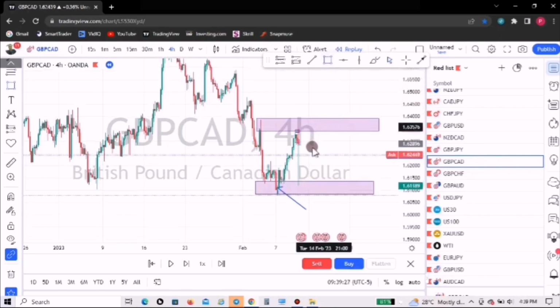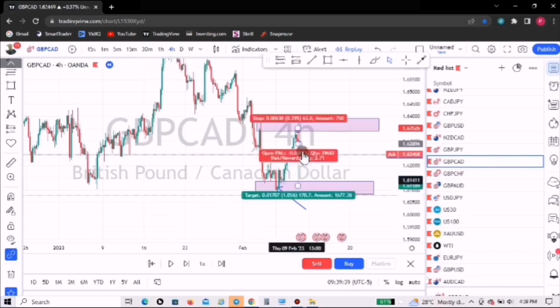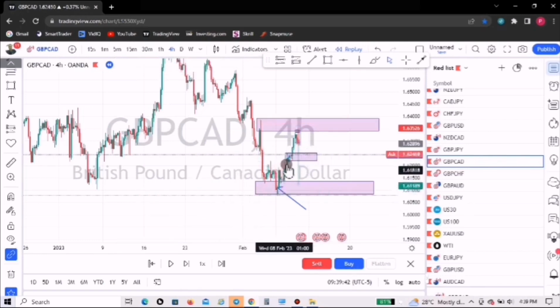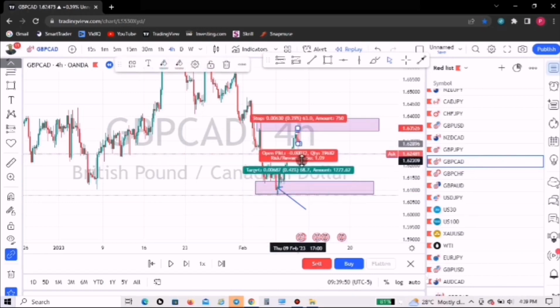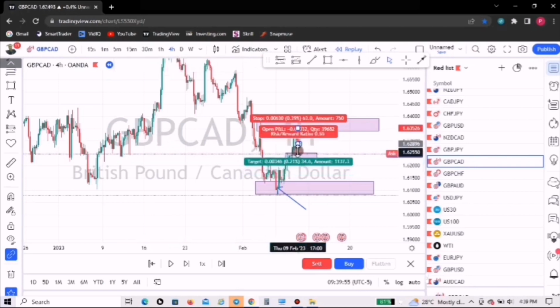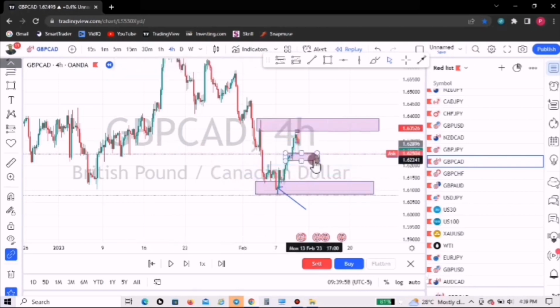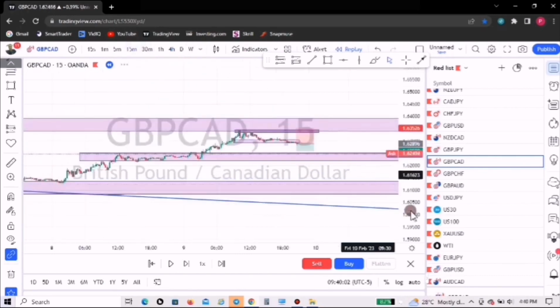So you identify any place where price respected an important zone in the market, like this place. When price approached this place, you can see what it did right there. So you can put your take profit just toward that zone, and then you go back to the 15-minute.